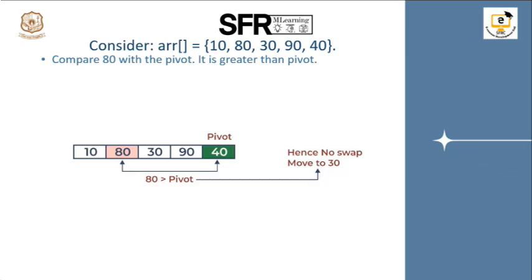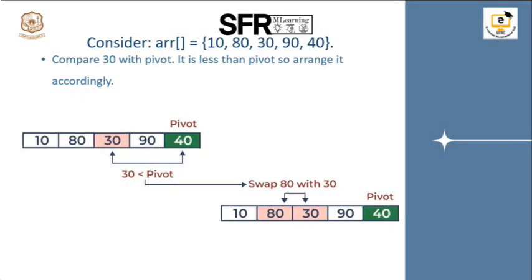Then move to 30, and compare 30 with the pivot, it is less than the pivot, so arrange it accordingly. So, 30 is less than the pivot, swap the 2 elements, so 80 with 30.